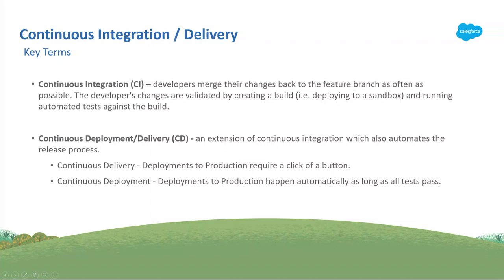One is continuous delivery, where deployments to production require a click of a button, versus continuous deployment, where deployments to production happen automatically as long as all the tests pass. Personally, I'm a fan of continuous delivery, although I'm a bit more of a risk taker.